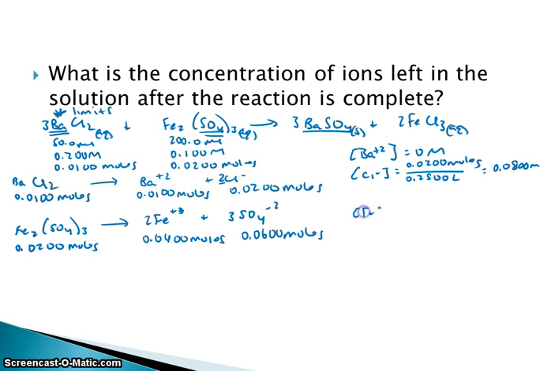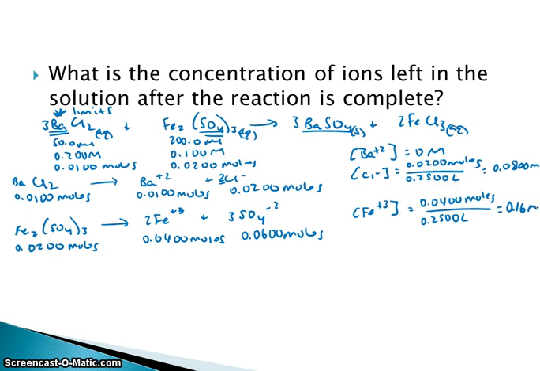So if we want to calculate the concentration of our iron 3 ions, we would take 0.0400 moles, that's how much we had, divided by the 50 plus 200 milliliters, or 0.2500 liters, and that's going to give us 0.16 molar iron ion.